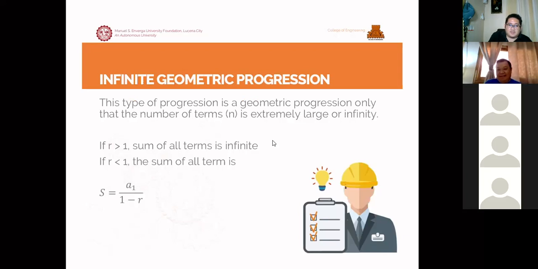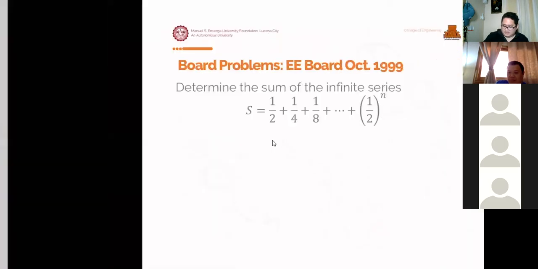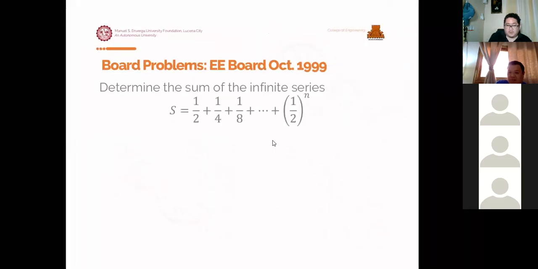Kapag less than 1, sum ng all terms ay equal sa formula na A1 over 1 minus R. So, this is a problem to determine the sum of the infinite series: 1 half, 1 fourth, 1/8 up until 1 over 2 raised to n.